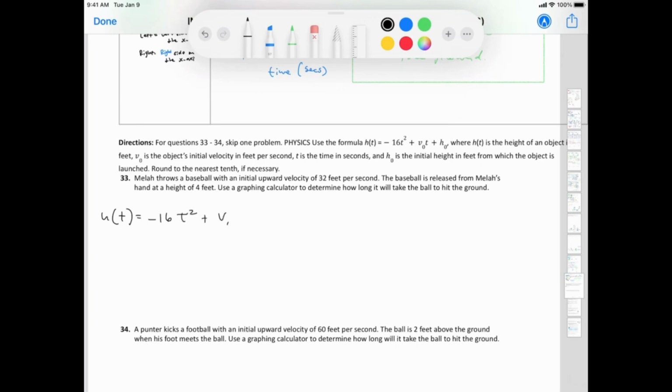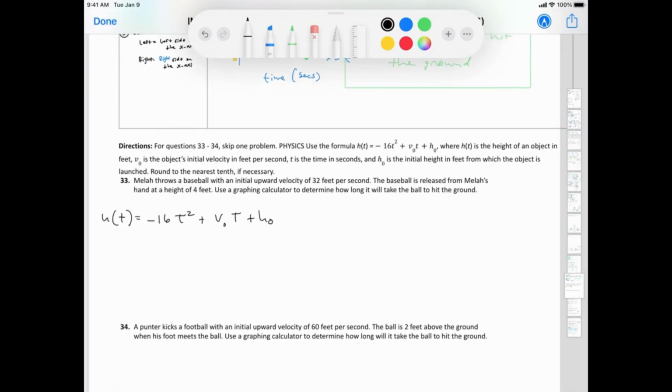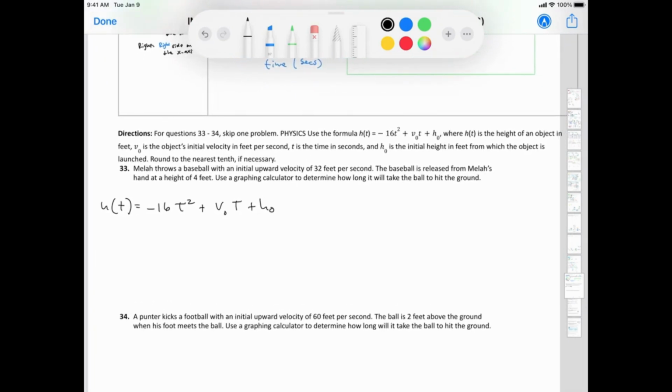Now it's going to tell you h(t) is the height of the object in feet. v0 is the object's initial velocity in feet per second, or the simpler way to say it, speed. t is the time in seconds, and h0 is the initial height, which we already talked about. Round to the nearest tenth.